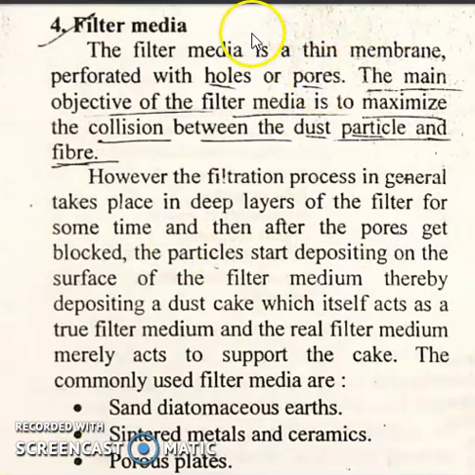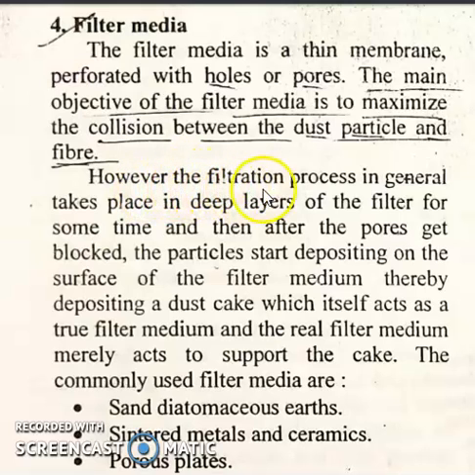Next is filter media. The filter media is a thin membrane perforated with holes or pores. The main objective of the filter media is to maximize the collision between the dust particle and fiber.